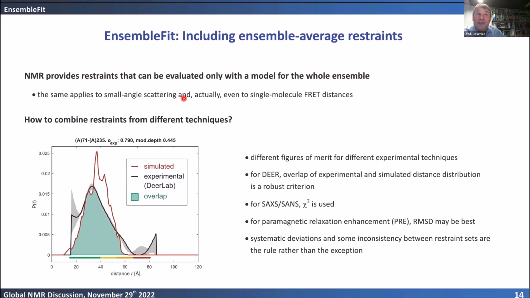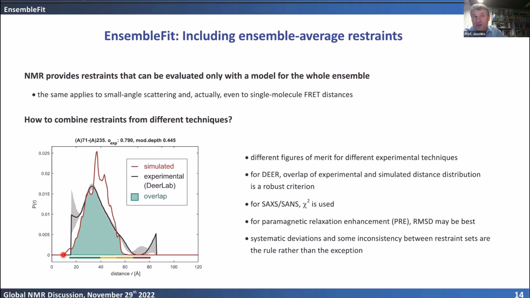But the question then arises, how do we combine restraints from different techniques? This is not easy. For instance, if you have PREs, you probably want to look at the root mean square deviation between the experimental PREs and the back-calculated PREs. If you have a distance distribution which stems from the solution of an ill-posed problem, then root mean square deviation may not be a very good figure of merit.